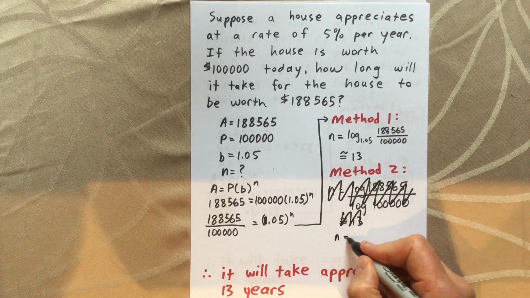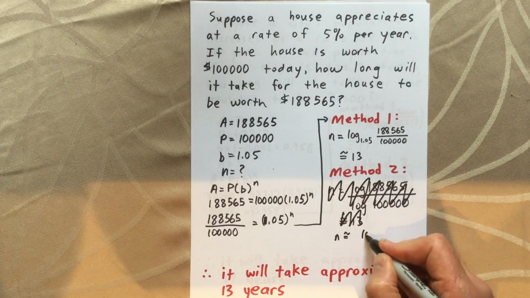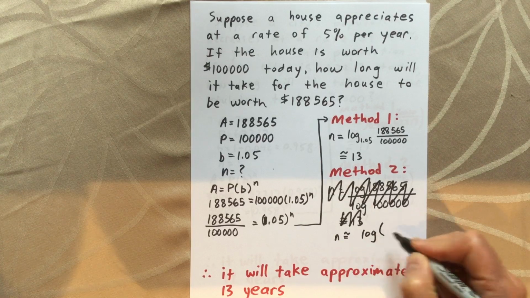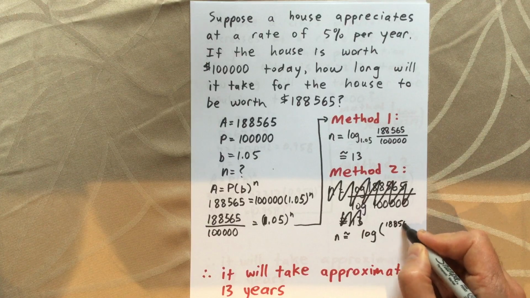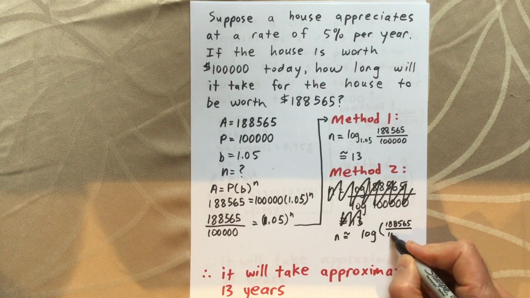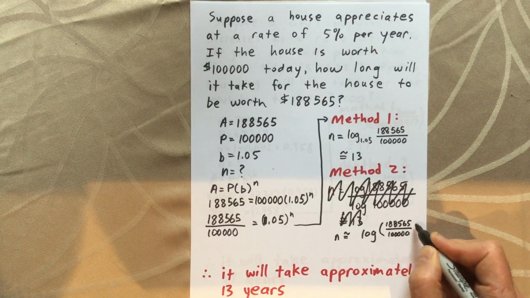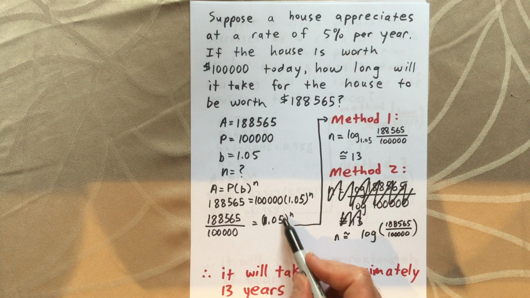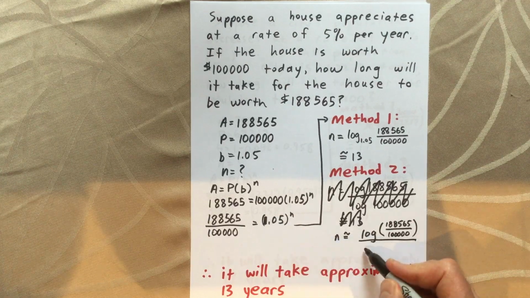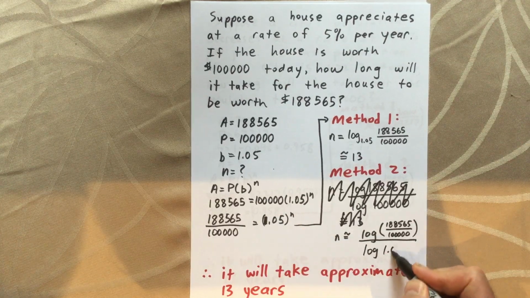N is approximately equal to the log of 188,565 over 100,000, so the log of this quantity divided by the log of this quantity. All right, a little typo on my part there.